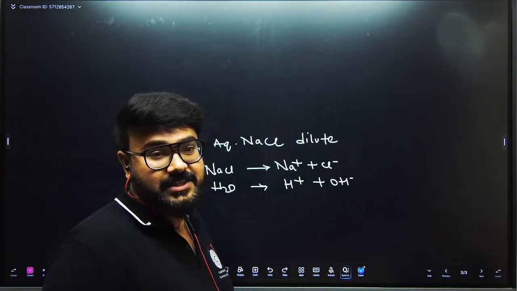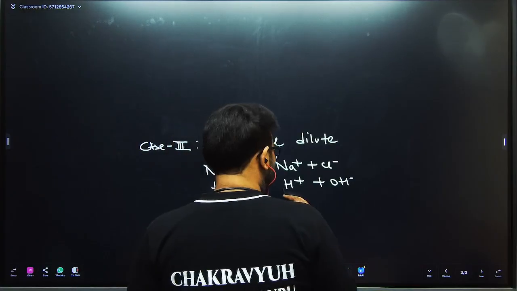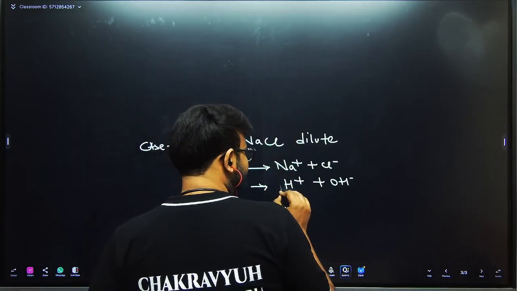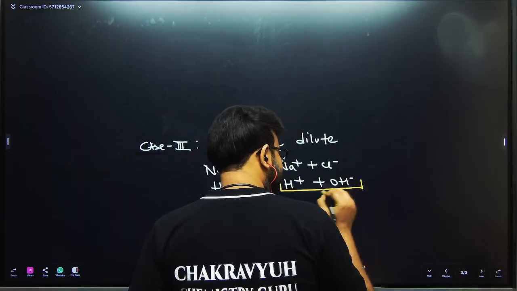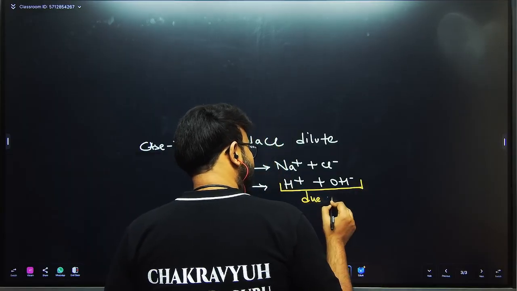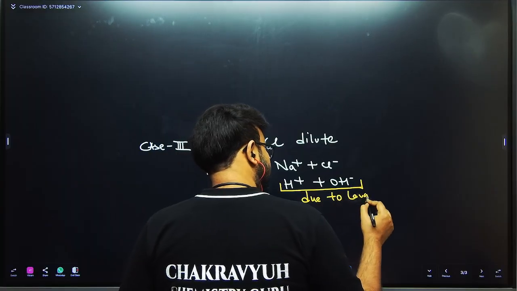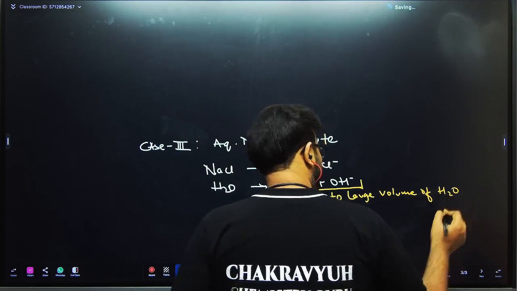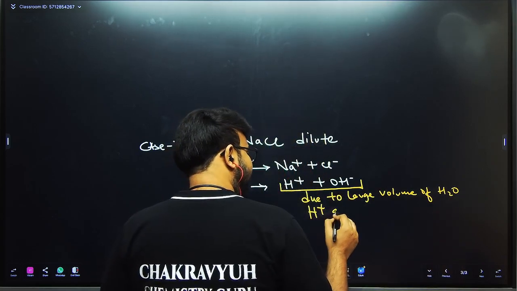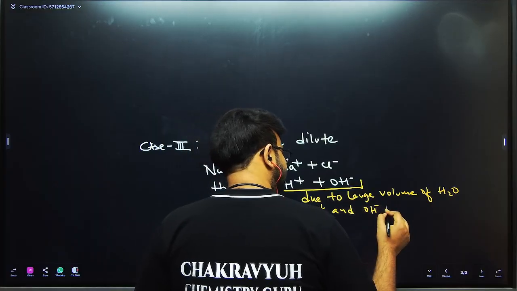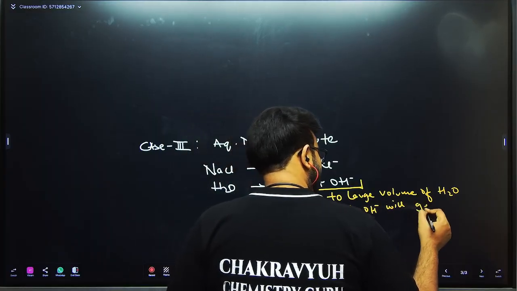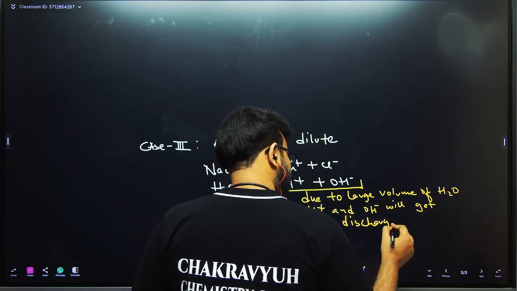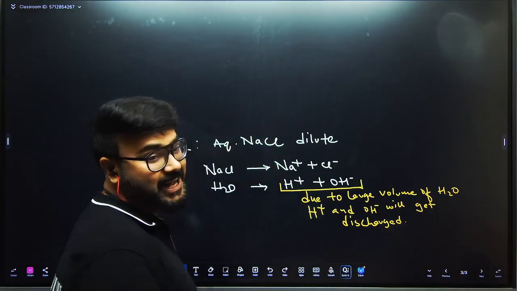Because of the large volume of water, the water will outrun everything else. Due to the large volume of H2O, H plus and OH minus will get discharged. Please note it down.